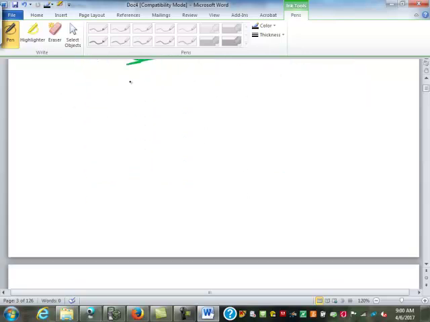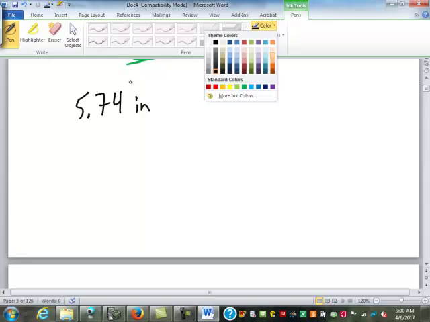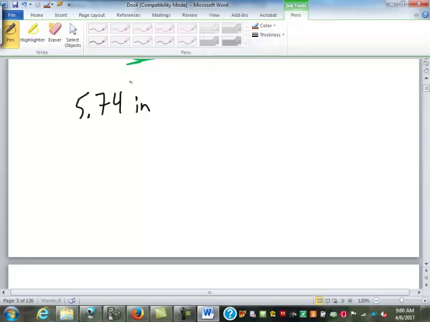So if I report a measurement as 5.74 inches, find the degree of precision and the possible error for me.